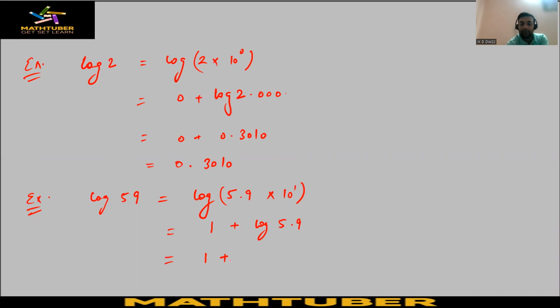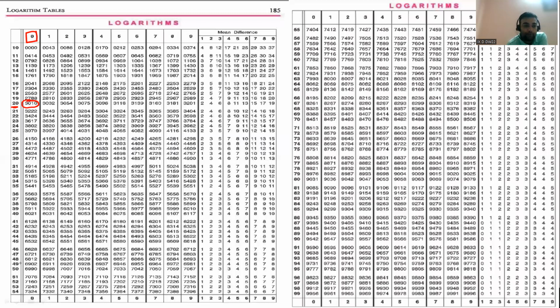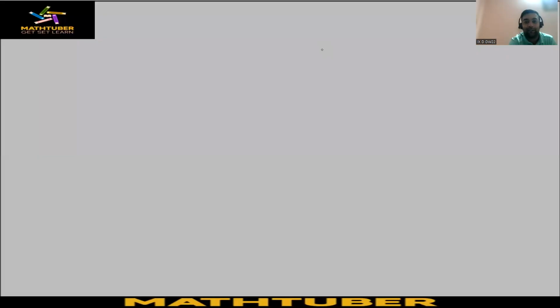So 1 plus, now log of 5.9, you have to find 59 in this table. So you can find 59 here, and you have to see it on the 0th column only, because there is no number after 5.9, so it will be a 0. So it will be 7709. So you have to write it in decimal places, 0.7709.